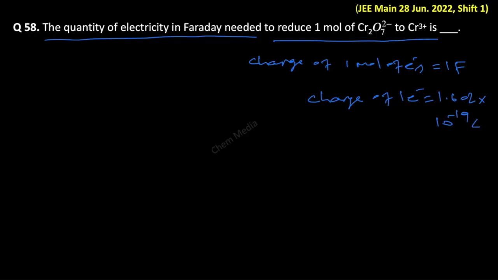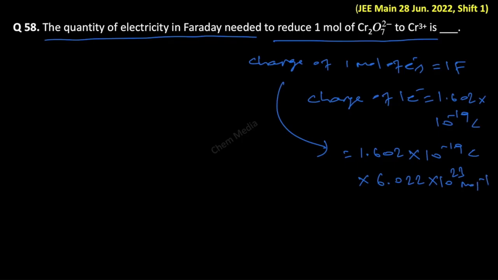So that value multiplied by Avogadro number is the charge of 1 mole of electrons. So the charge of 1 mole of electrons is equal to 1.602 times 10 to the power minus 19 coulomb times Avogadro number, that is 6.022 times 10 to the power 23 per mole. This will be approximately 96,500 coulomb per mole, and that is what we call 1 Faraday.